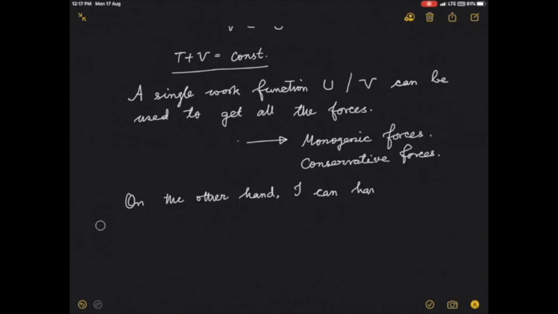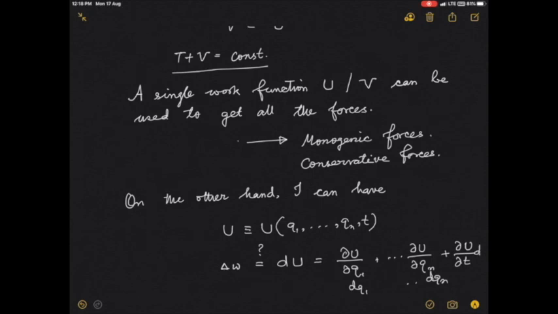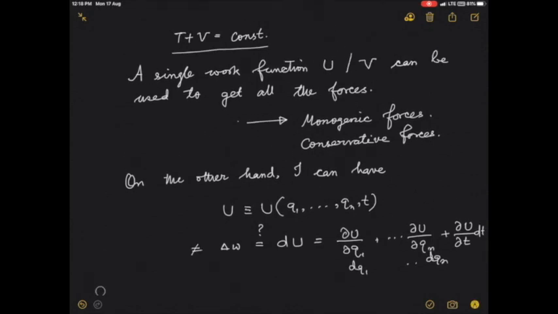On the other hand, I can have one case like this, where U is a function of the q's and also of time, which means now my delta W, if I write it in terms of U, if it is dU, then it's given by ∂U/∂q1 ... ∂U/∂qn plus ∂U/∂t, with dq1 ... dqn, and it is clear that it does not have the form of a summation over i.